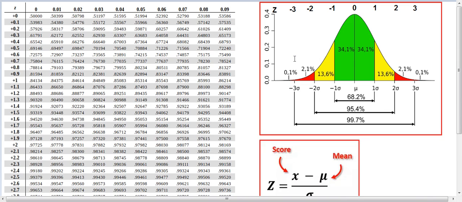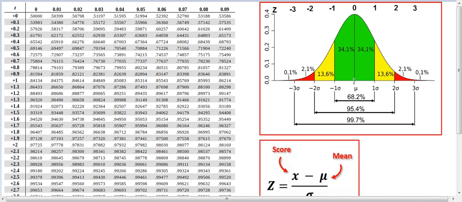And then you can compare to this curve, and depending on how far this number is from the mean, you can tell me, okay, Chris, it is about 10% or it's about 2%. It's going to depend on the standard deviation, okay?